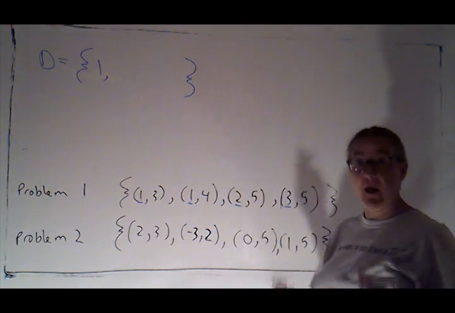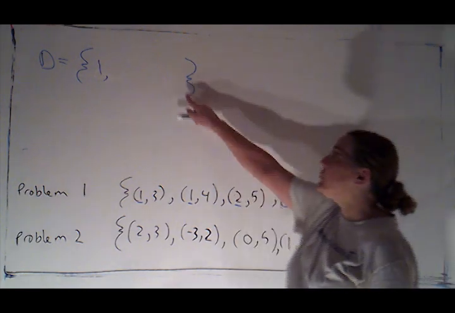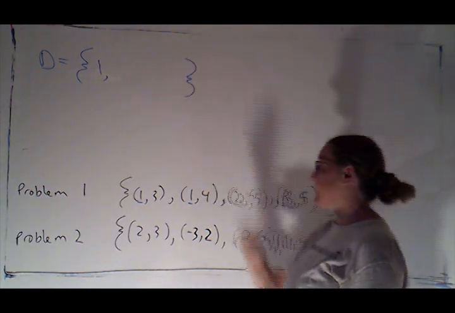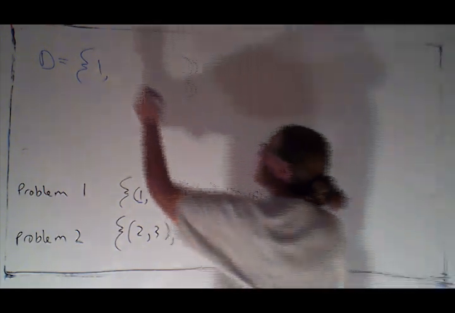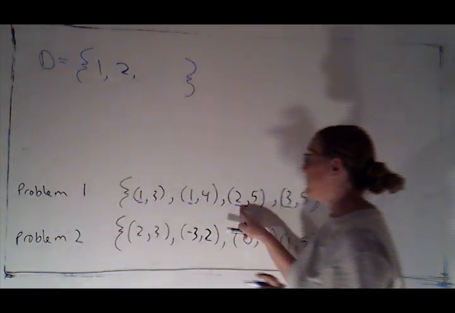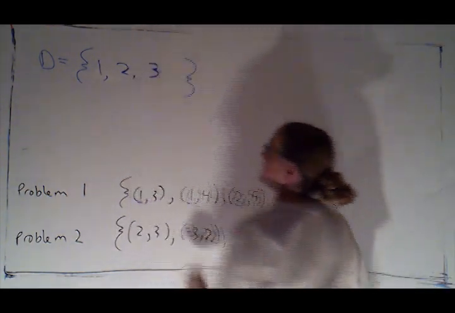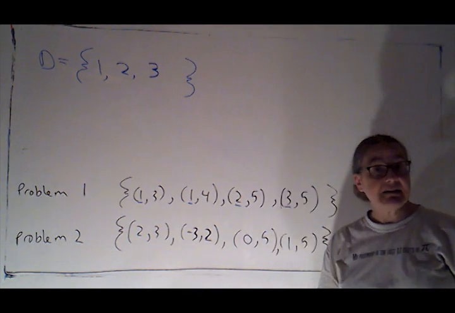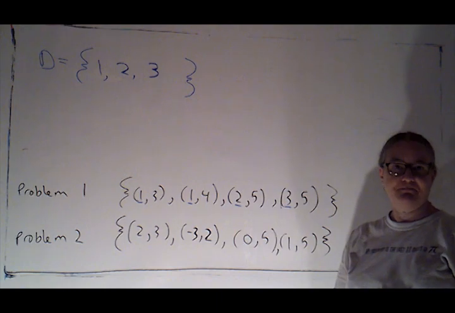I have listed that the x value can be 1. I'm not going to write it a second time when I'm writing down the domain. Okay. Now 2, that's the x value here. That's not already there, so that's something new for me to write. 3, that's not already there, so that's something new for me to write. So my domain is the set of numbers 1, 2, 3.